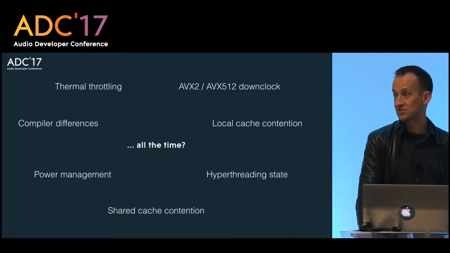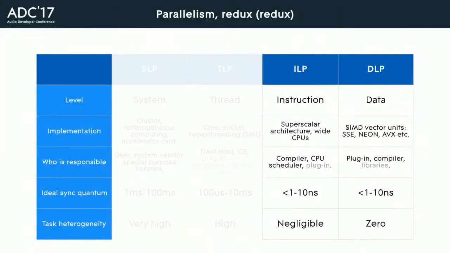If you're writing, say, plug-in audio code, you're sharing the chip with a bunch of different code from a bunch of vendors. It may have different characteristics at different times, so there are lots of things that can influence how your code performs. So we're gonna dive in and look just at these two on the right, instruction and data level parallelism.